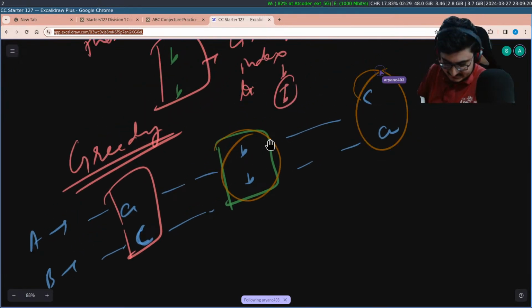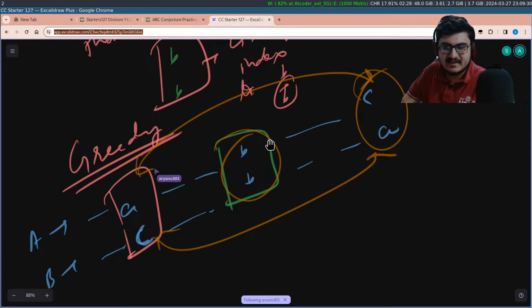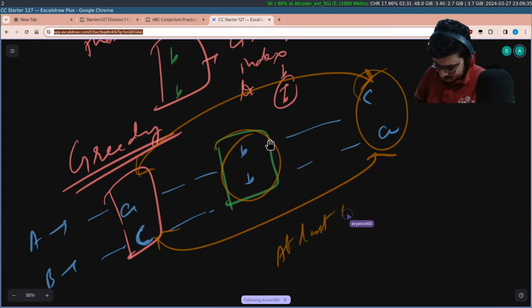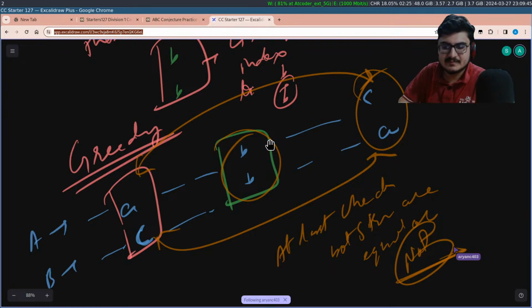I keep finding the numbers like this and I keep swapping the numbers here. And at last, if I cannot find any such move, I make a break. Then I check whether A equals B, whether both the strings are equal or not. And this was the idea that pretty much worked over here.